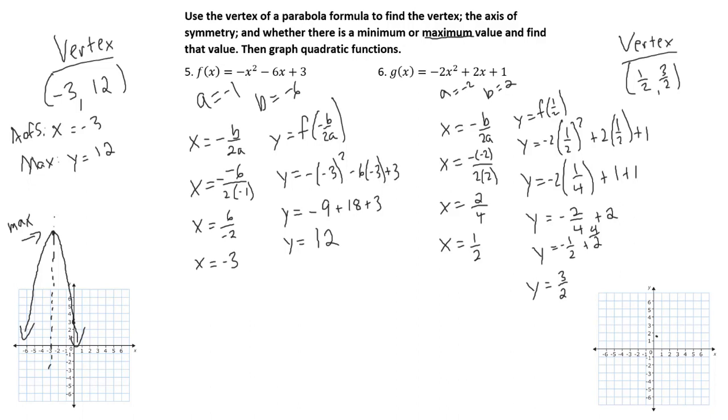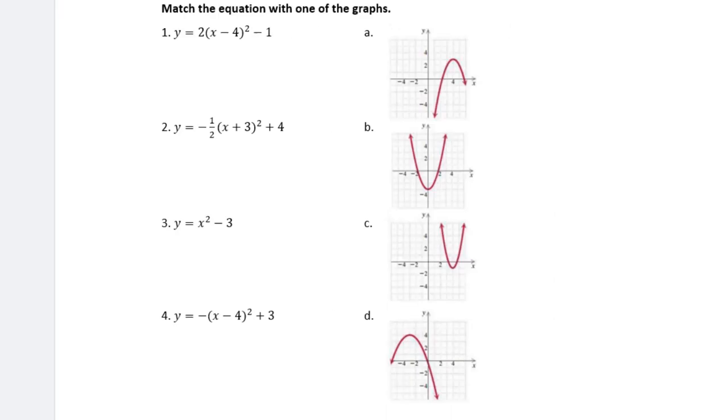And we can see that our y-intercept is at 1, so our graph looks something like that. And so we can also see that that's a max, and we have an axis of symmetry at x equals 1/2, and we have a max when y is at 3/2. All right, let's look at some other examples.